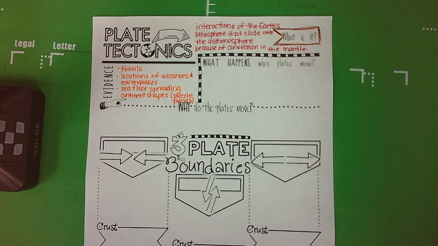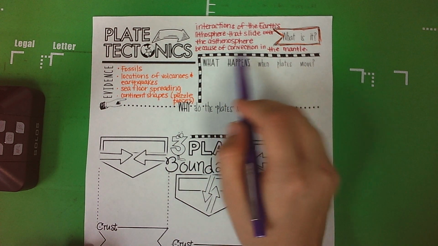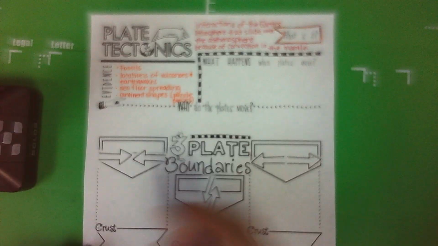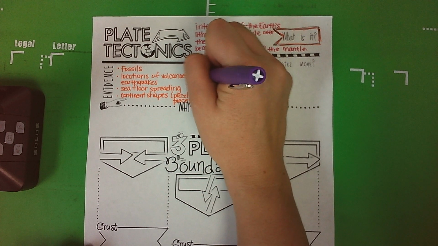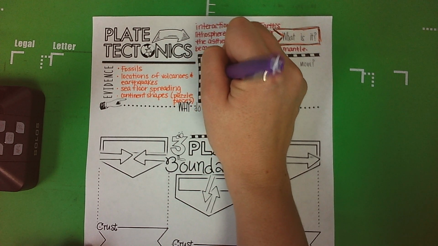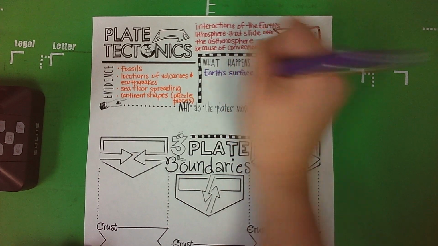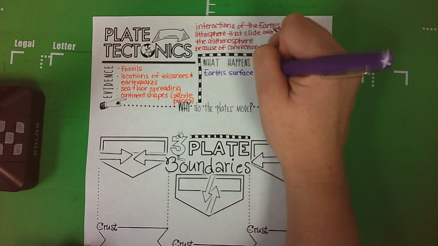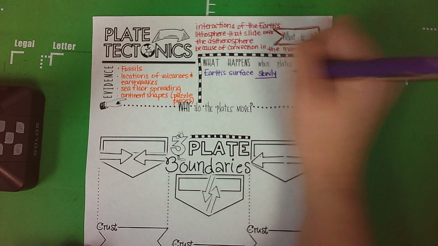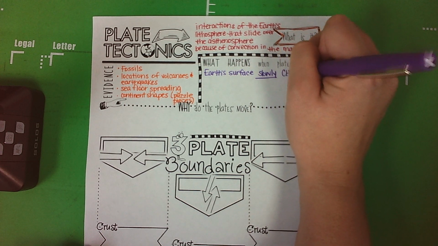Alright, so what happens when plates move? So up here we talked about that it's moving because of the convection in the mantle. So Earth's surface slowly changes.